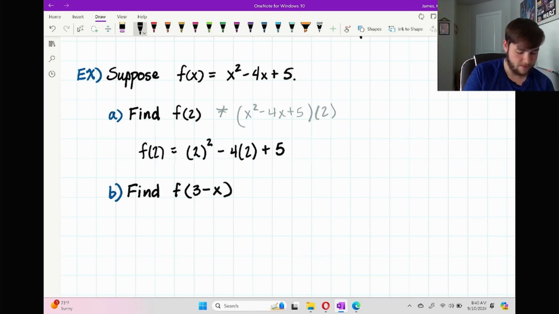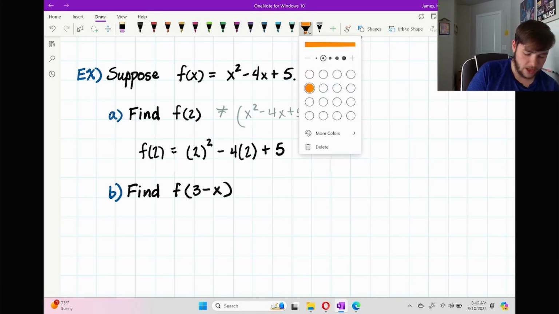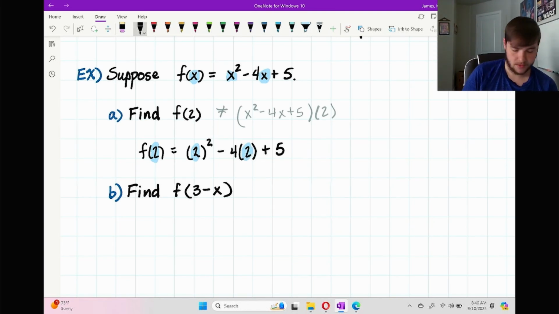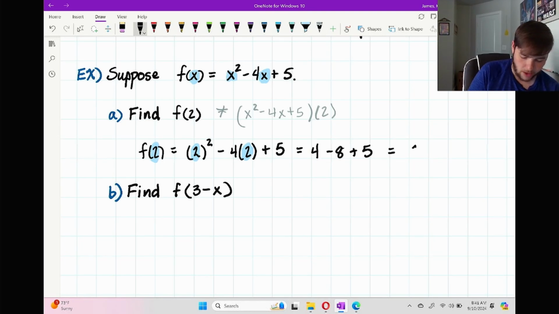And then I add 5. Here, notice that everywhere the x shows up, I'm replacing it with the input 2. And now I can simplify. This gets me 4 minus 8 plus 5, which is 1.